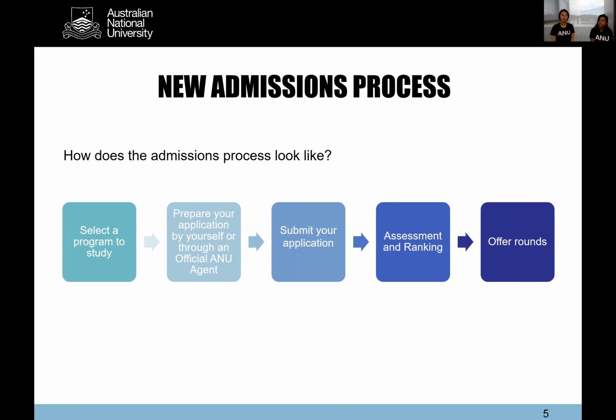Thirdly, you submit your application by the application deadline for the coming offer round. Your application will then be assessed against the minimum entry requirement, including both English and academic requirements, for your nominated preference, which will then be pooled and ranked. Finally, in each offer round, successful applicants will be issued offers on the offer date.